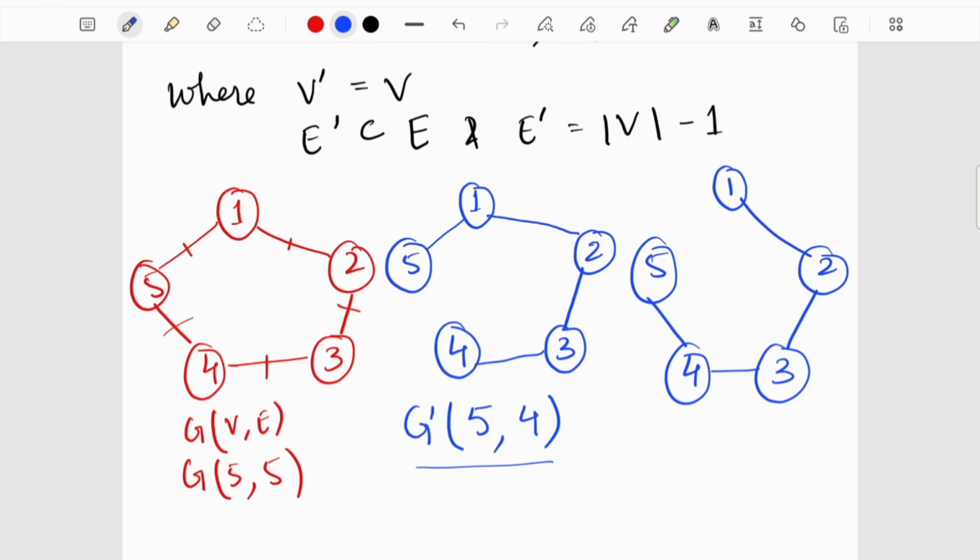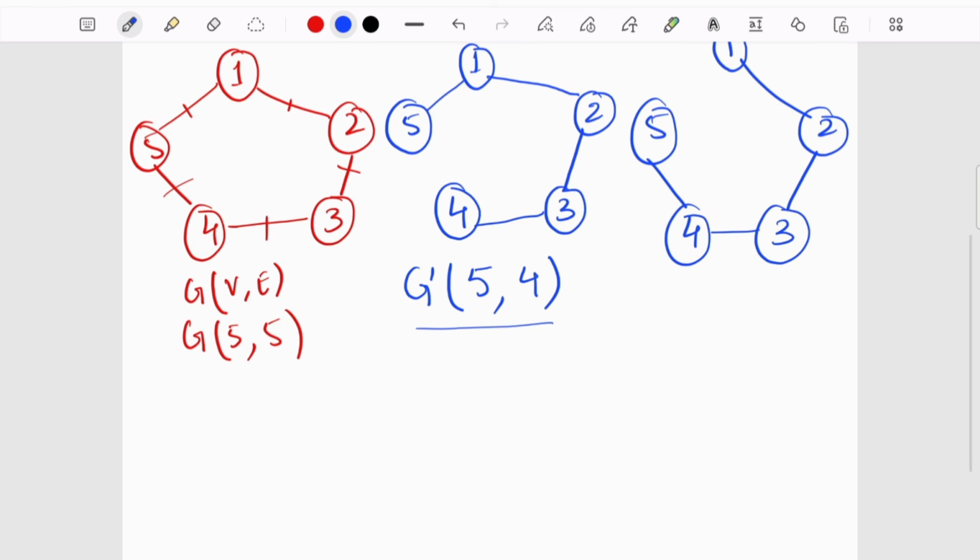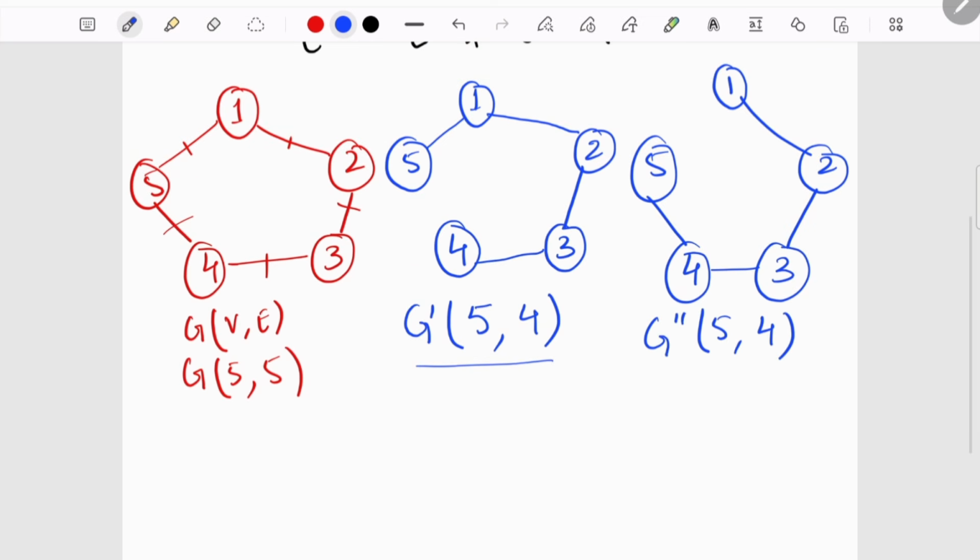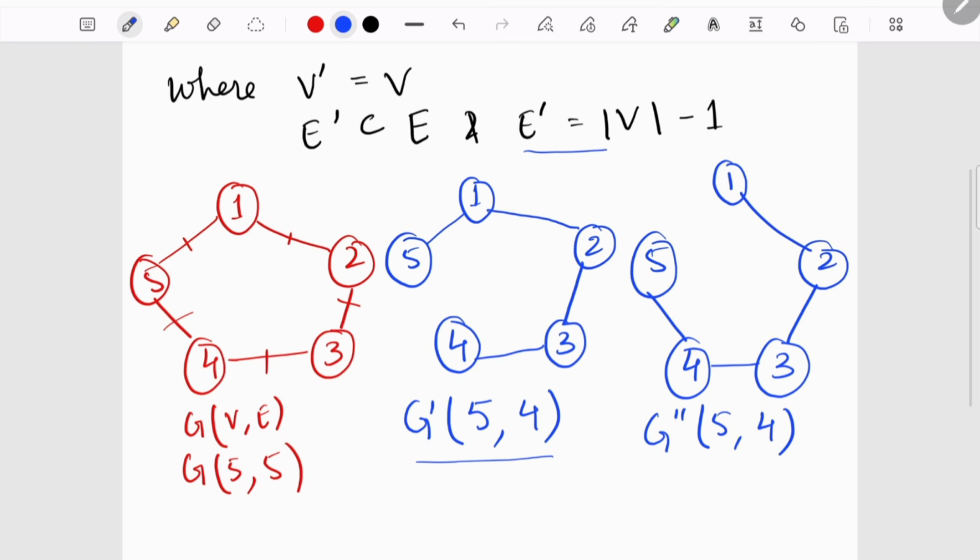This is one of the spanning trees. There can be another spanning tree. If this is G'', then this is also 5, 4. And what condition did we have? That the number of edges will be the number of vertices minus 1. So it is being satisfied here. You can see it in both.